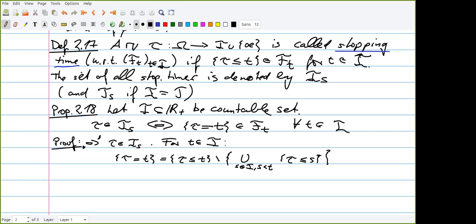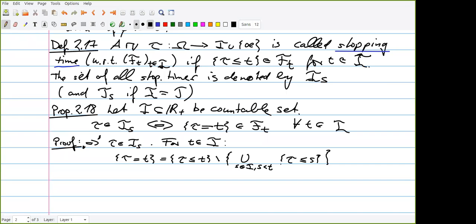And here you see why you need a countable index set, because you have a union over only countably many s. This is important because a sigma algebra is only stable under countable unions.